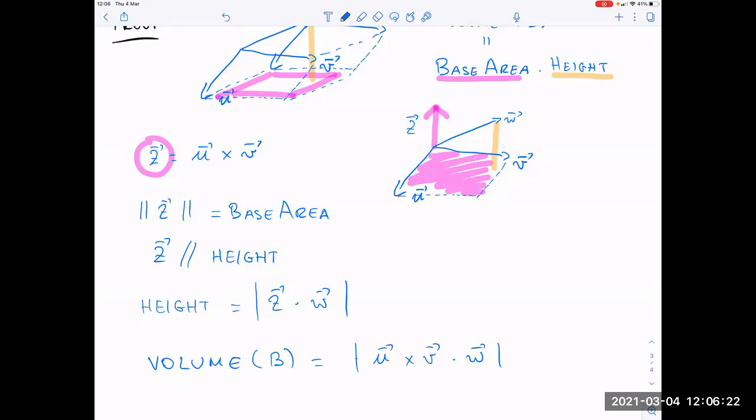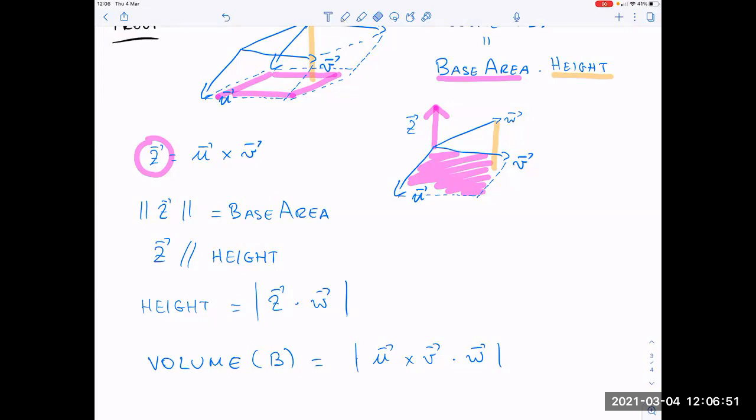So the vector height comes from the formula we saw last time. And then we multiply by vector z to get the final answer.